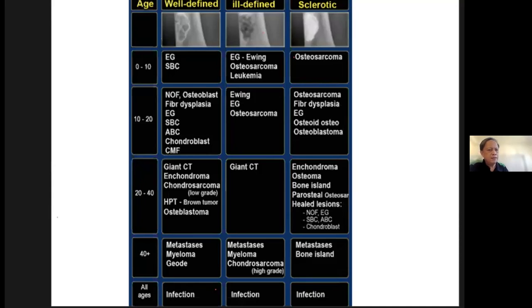One differentiation is the age group. Although both occur very near the joints, the epiphysis, giant cell tumor is usually at 20 to 40, while aneurysmal bone cysts occur much younger, 10 to 20.